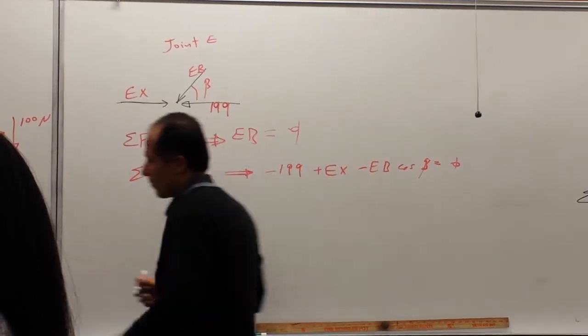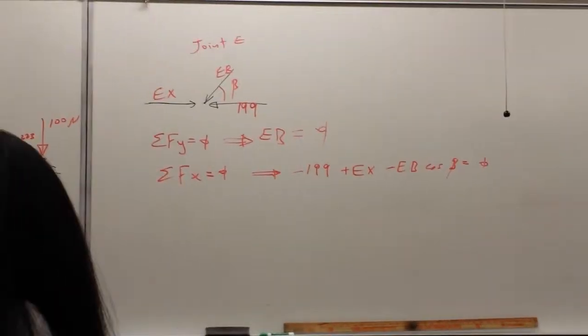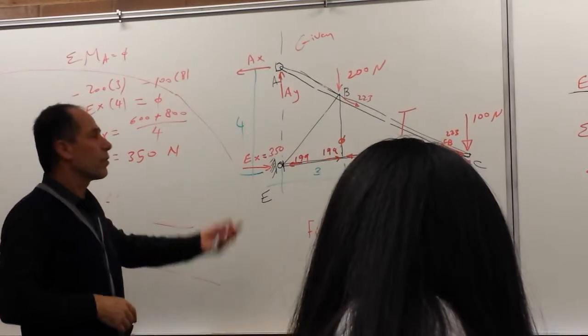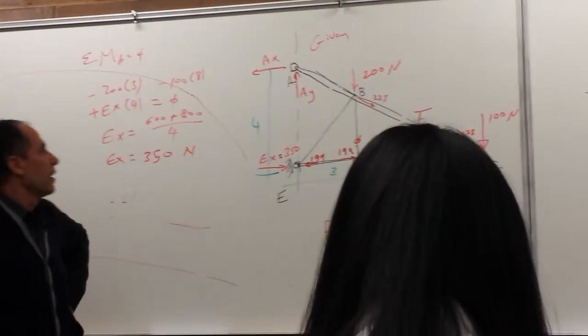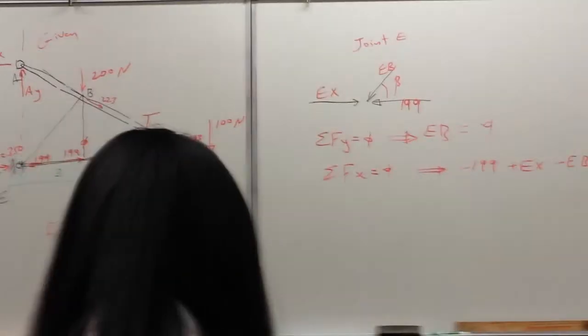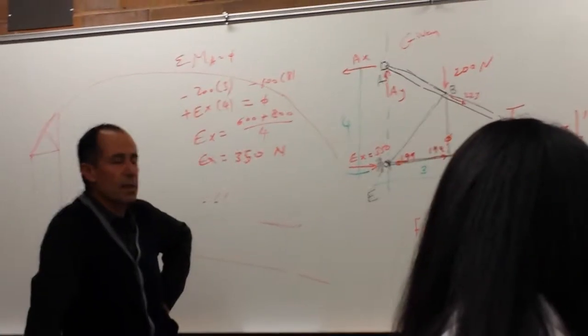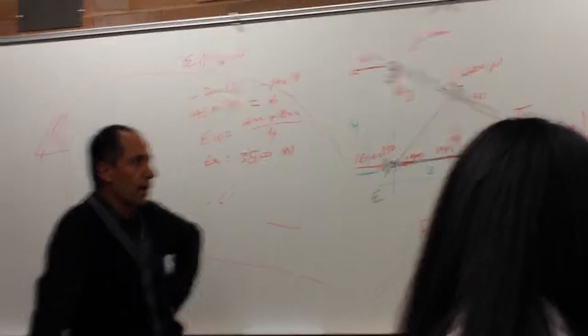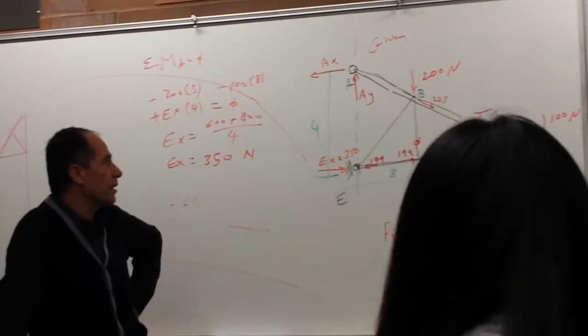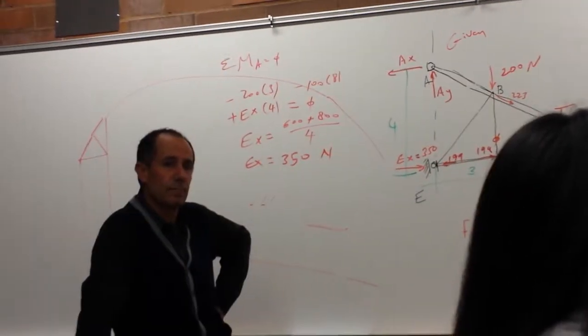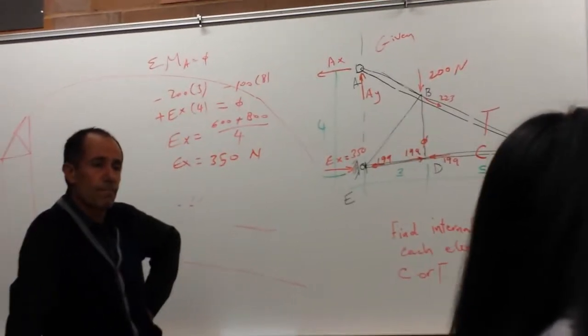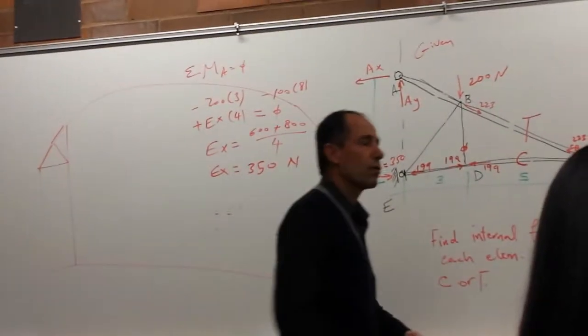However, don't worry about that, because EB is 0, so I don't need to worry about this alpha, this beta. And in this case, EX equals 199, not the 350. Which one is correct now?